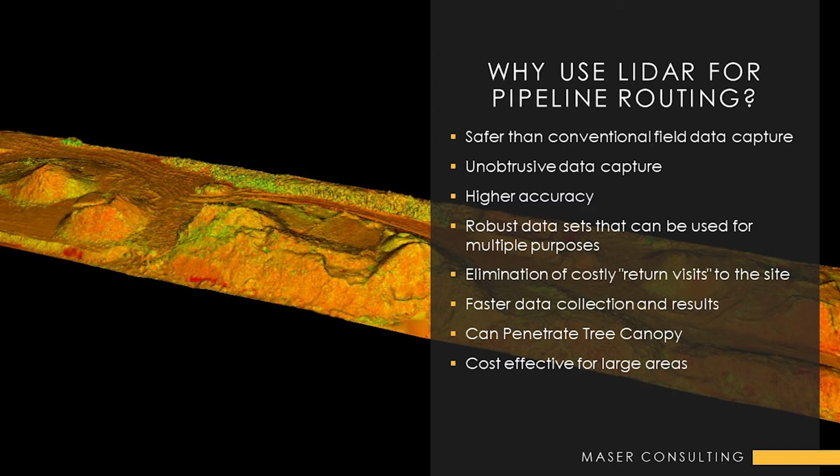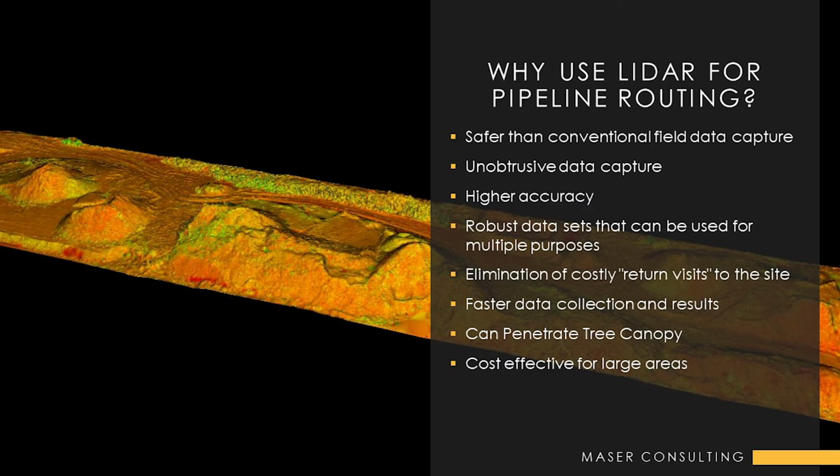LiDAR is an active measurement system, where it's actually sending out pulses of light, and those pulses of light provide multiple returns to the sensor, starting from the top of the tree, the canopy, and then filtering on down all the way to the last return, which is typically your ground surface. So even during full leaf-on conditions, in most cases, we can still provide data sufficient to generate 1-foot contours.